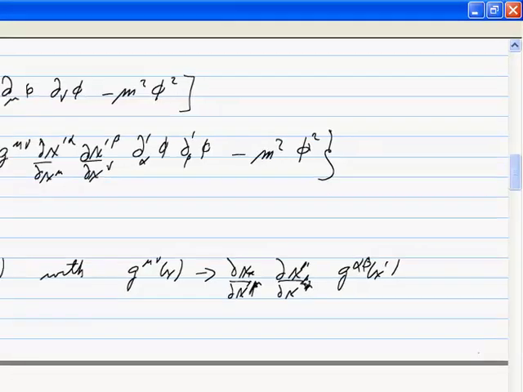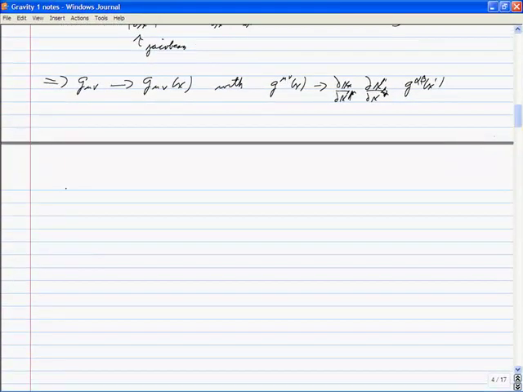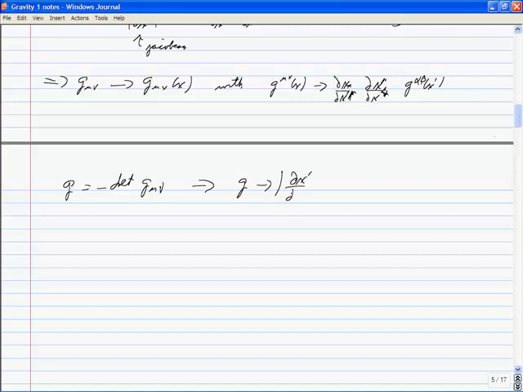And the Jacobian, if we define g as minus the determinant of g mu nu, this guy transforms like g goes to dx prime over dx squared g of x prime.